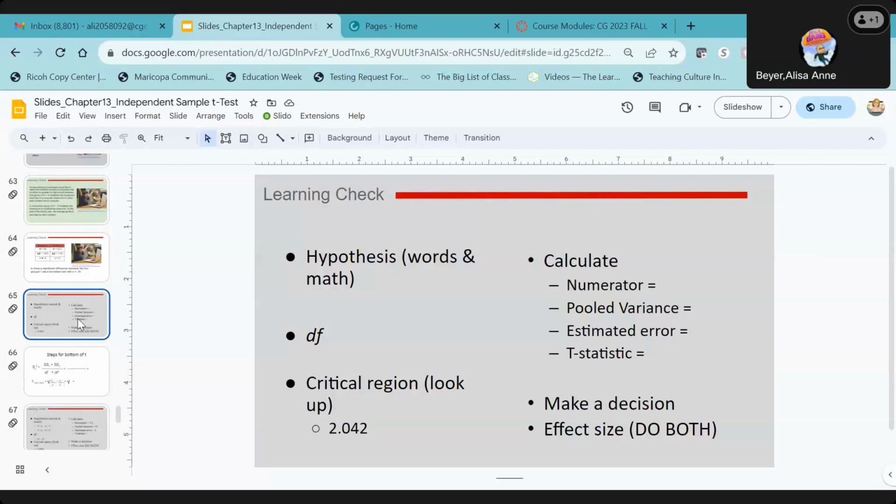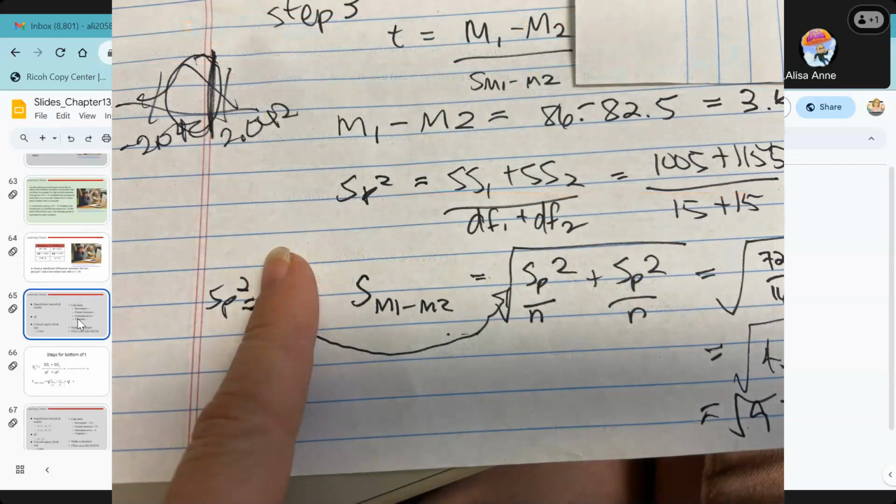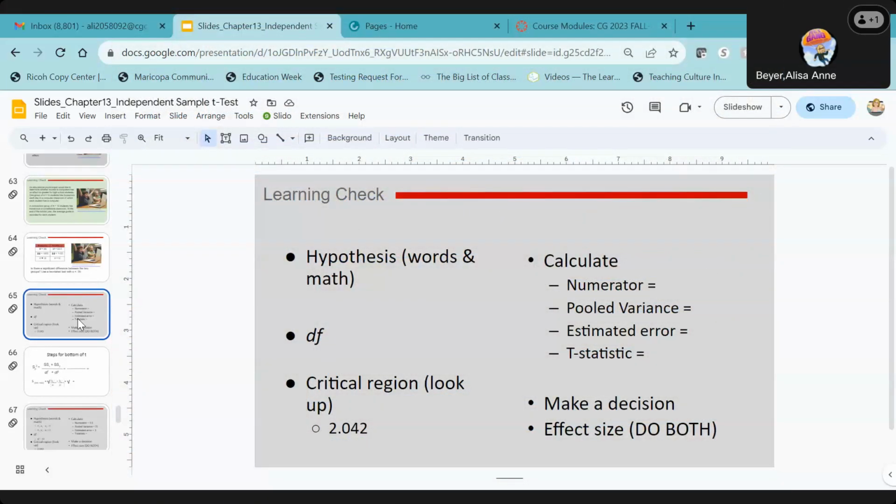We need the top of our new t formula, and we need the pooled variance that goes into the bottom of the t formula. The bottom of the t formula is the estimated standard error. And then you have your t statistic. From there, you make a decision with our 3 statements and calculate effect size. Our effect sizes are Cohen's d and r squared.